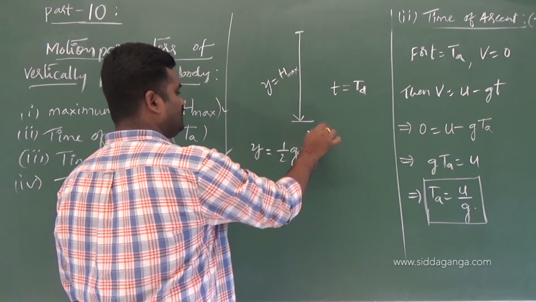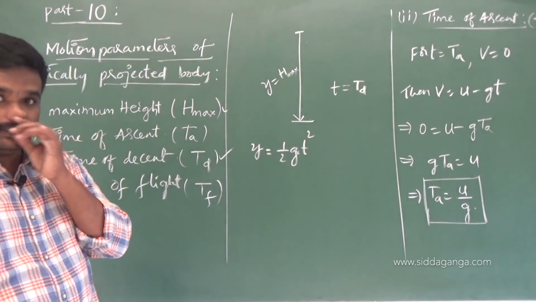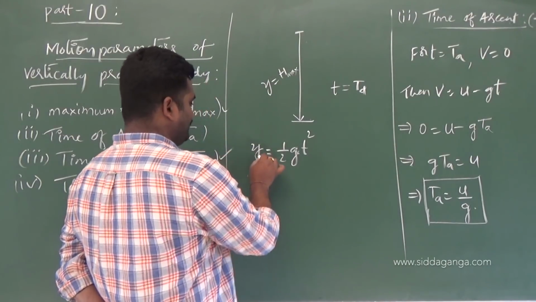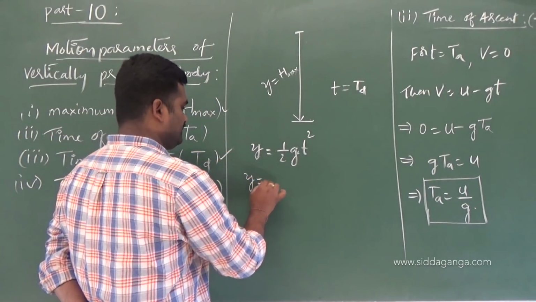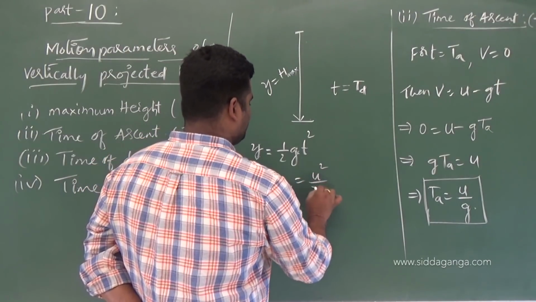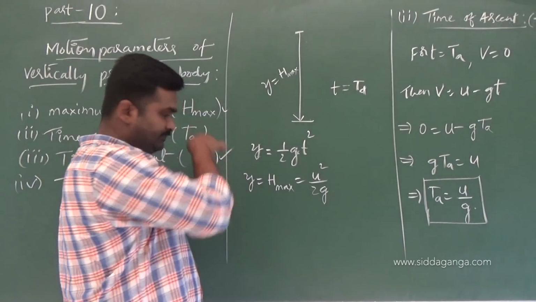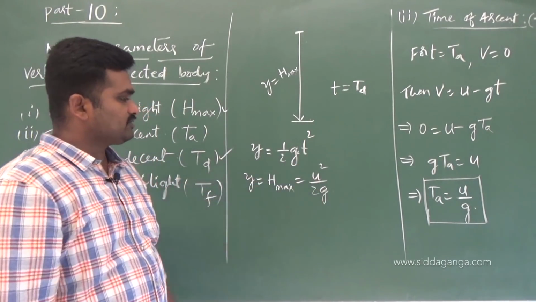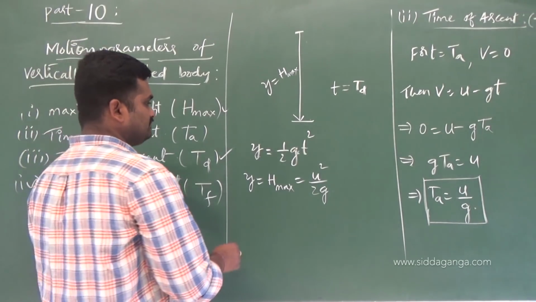We are aware of this formula. Here y equals H maximum, and the H maximum formula you have written is U square by 2g. So y equals U square by 2g. Right?